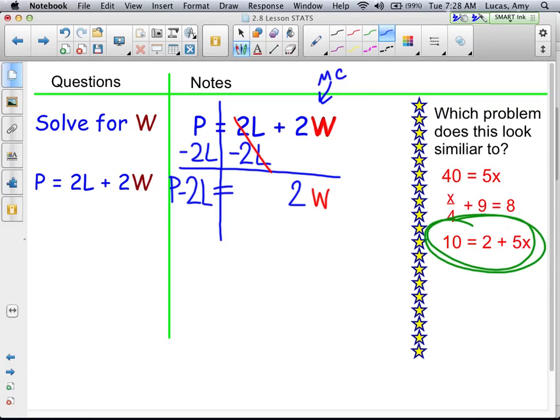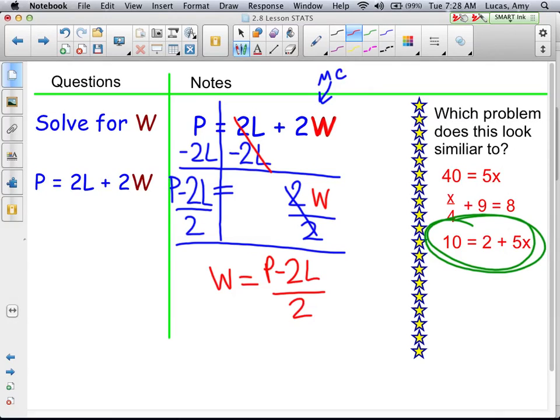So P and L are different variables. You've got to just write them side by side, P minus 2L. Then, the last step, you would divide by the 2 that's in front of the W. So divide by the 2, and you've actually got your answer. It doesn't look pretty. W equals P minus 2L, all divided by 2.